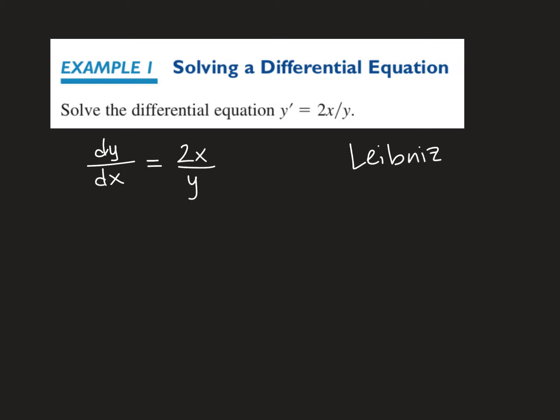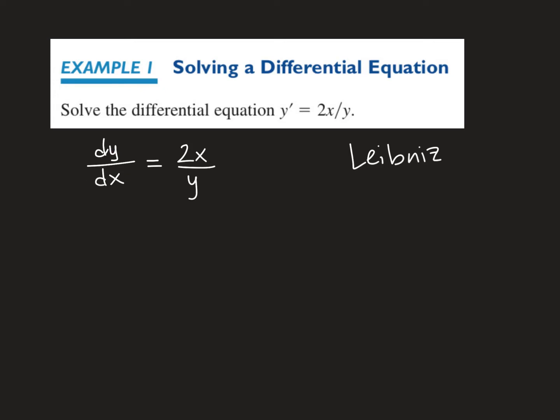He's one of the big hard hitters in calculus, a mathematician who died in, I think, the 1700s. Instead of using y prime, he came up with the two separate parts. Again, this little d kind of stands for change in, because this is talking about slope. So it's like a very small change in y divided by a very small change in x.